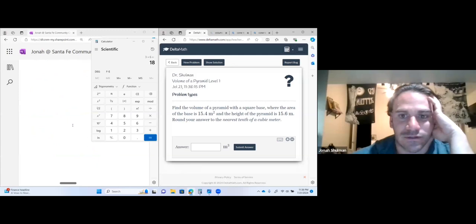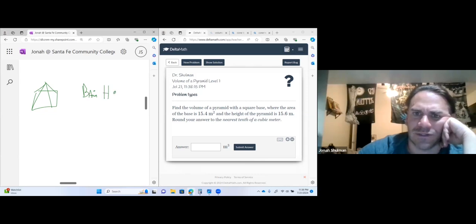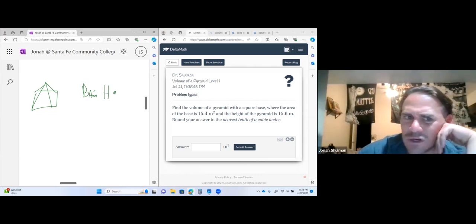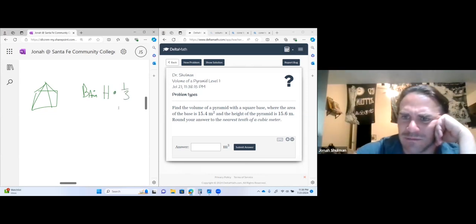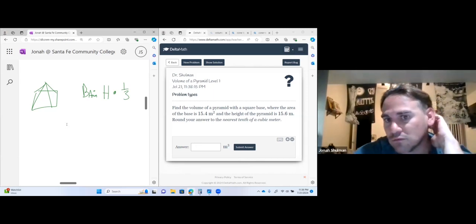All right. So now we have a pyramid with a square base, which means it's made up of little triangles. So it's still base area times height, but because it's a pyramid, I'm pretty sure we do 1/3 base area times height, because it's the same thing with the cone.